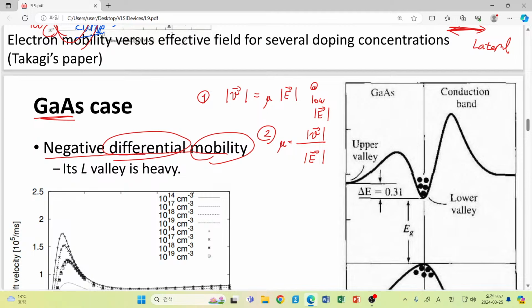But what is differential mobility? Here we have the relation between velocity and electric field, and we just take these values and calculate the ratio. But instead of that, differential mobility treats our velocity as a function of electric field and takes the differentiation.